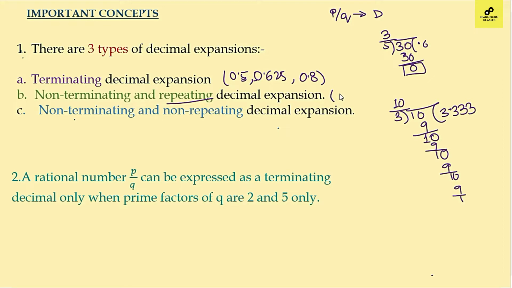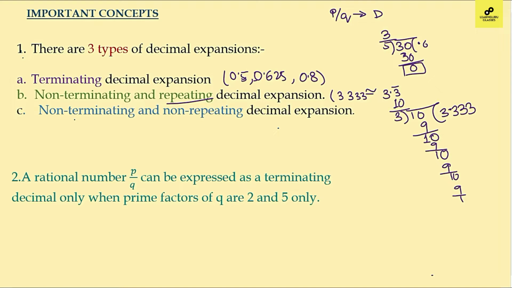An example of non-terminating and repeating decimal expansion is 3.3333, which can simply be written as 3.3 bar. This indicates that this 3 is being repeated.